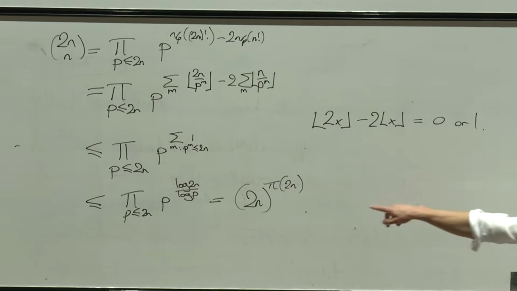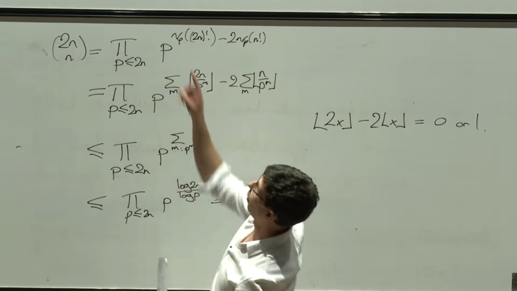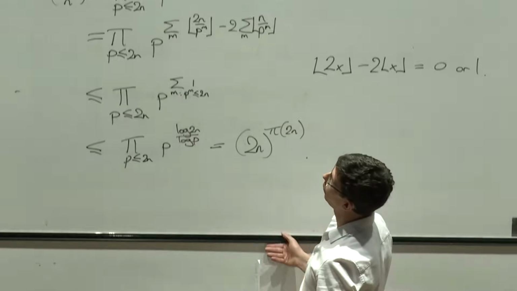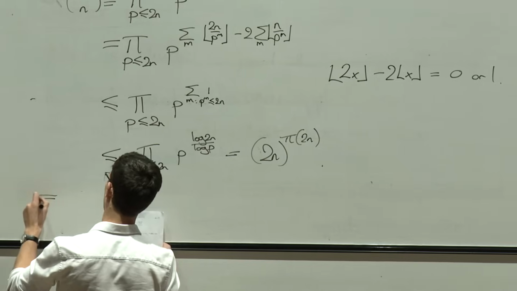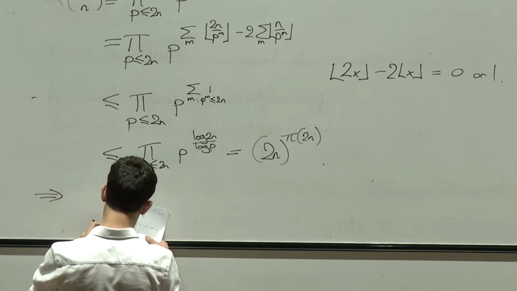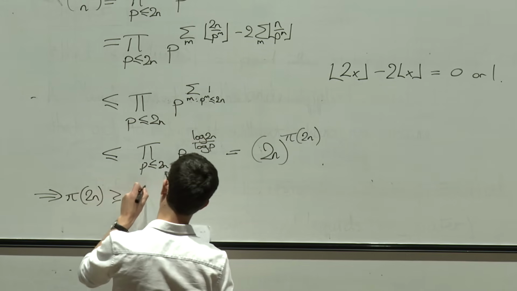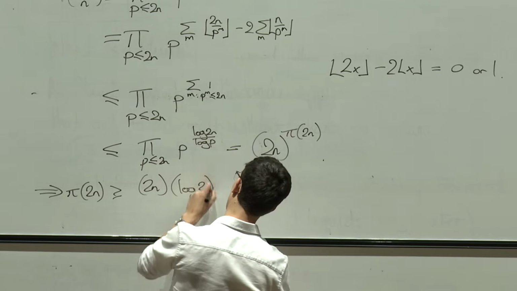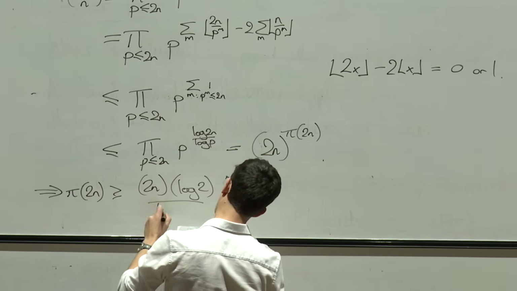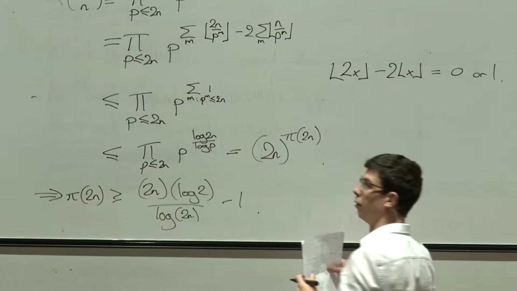Okay, so now put our upper bound related to primes together with our lower bound on binomial coefficients. This means that pi of 2n is bigger than or equal to maybe 2n times log 2 divided by log of 2n, minus 1.